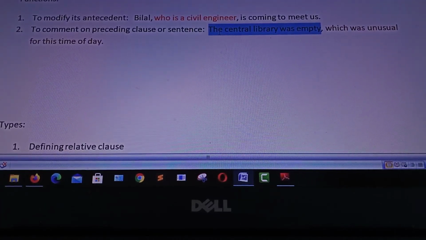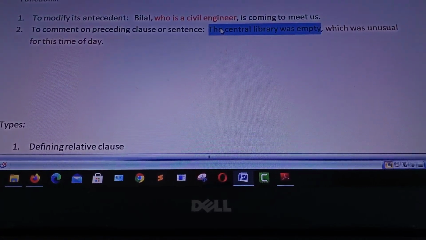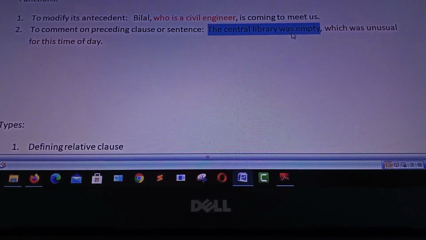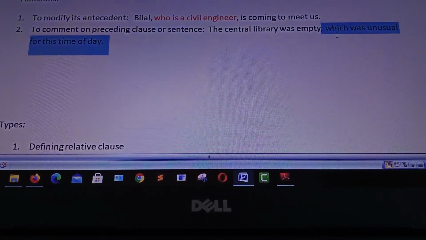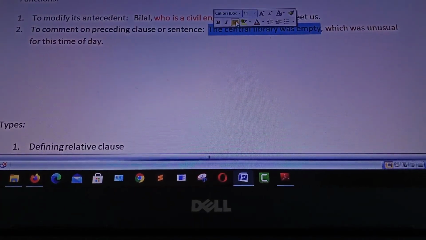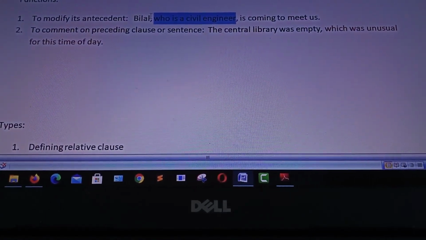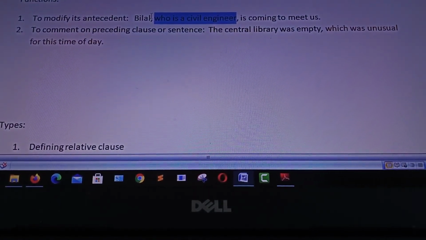That is the reason we cannot say relative clauses are 100% adjective clauses, because sometimes relative clauses are used to just comment on the previous clause or sentence. But here it is just modifying, identifying the previous noun. So we can say that most of the time relative clauses are used to modify previous or preceding nouns and pronouns.